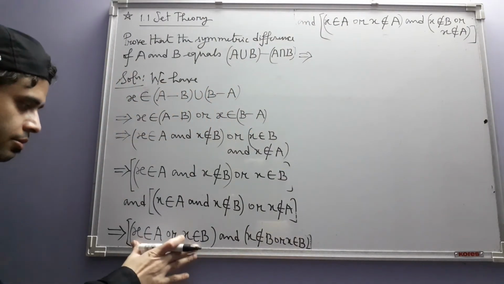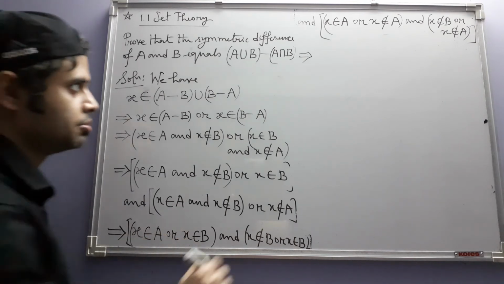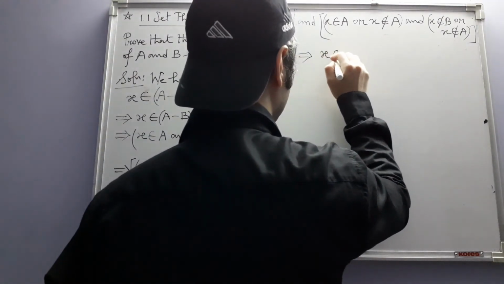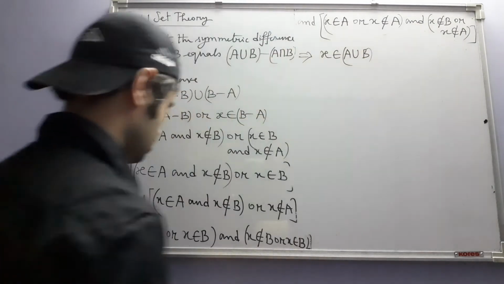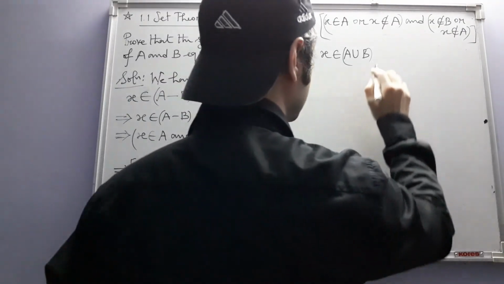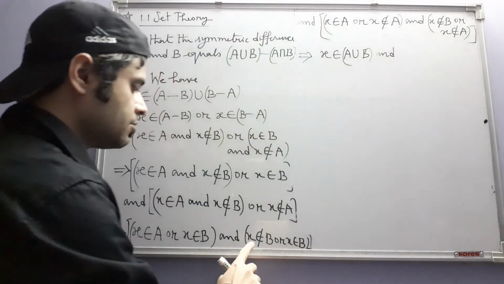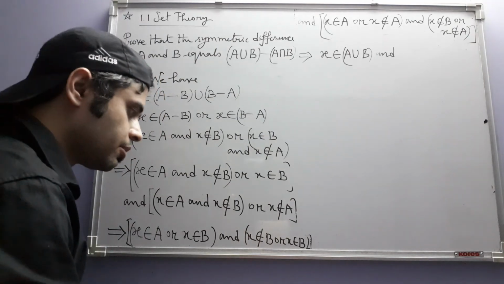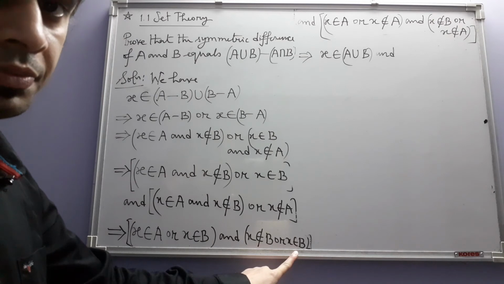Okay, so the first one just tells us that x belongs to A union B. And now what about this one? X does not belong to B, or x belongs to B. This is always true.